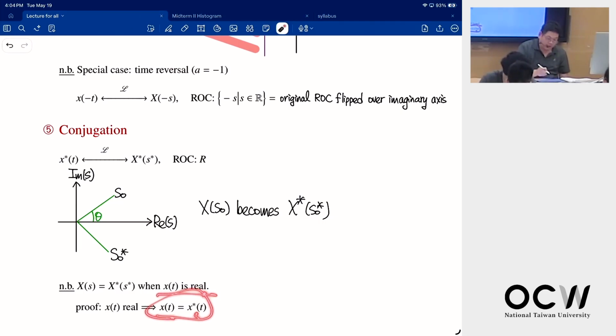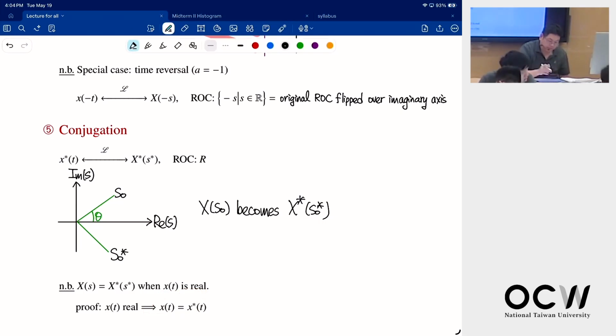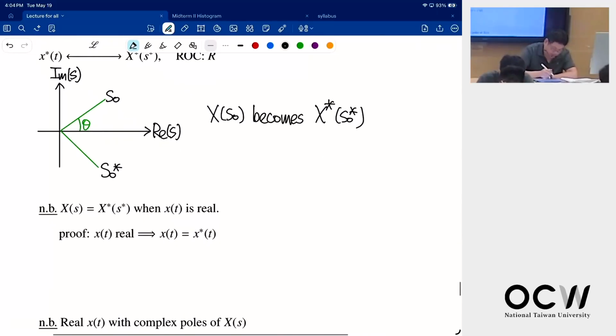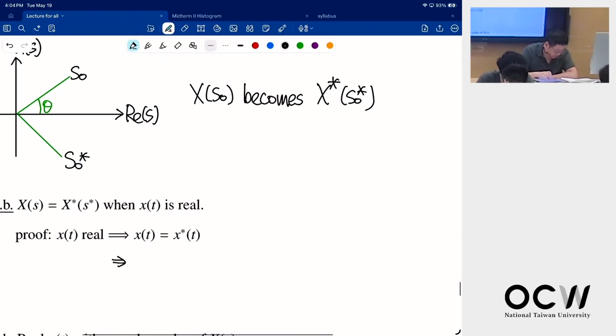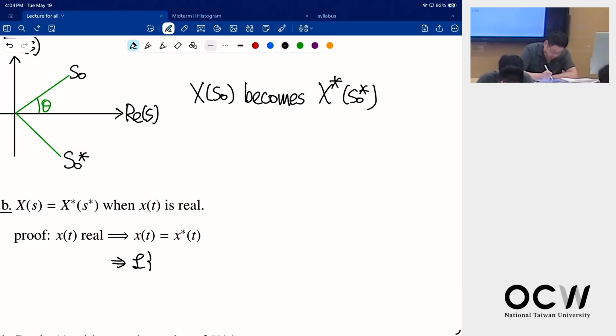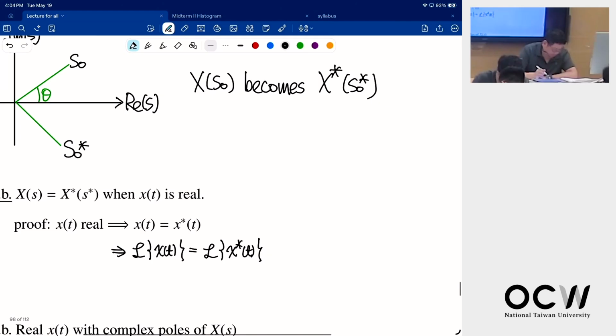Then when I take the Laplace transform, this Laplace transform is x conjugate of s conjugate.